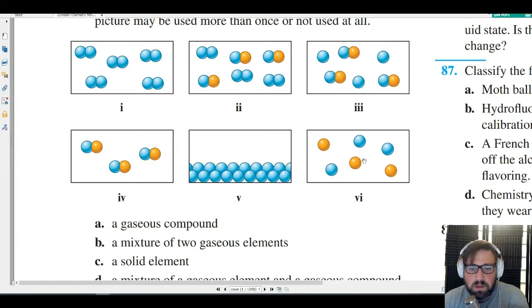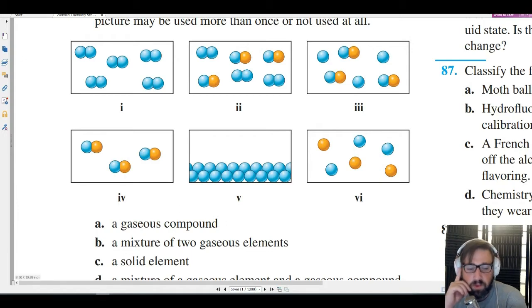These all look like they're particles that are filling up this entire container. Filling up the container, filling up the container, filling up the container. This one, they're packed together and they're all laying on the bottom. So it looks like gas, gas, gas, gas, solid, gas. Those are all the gaseous compounds.